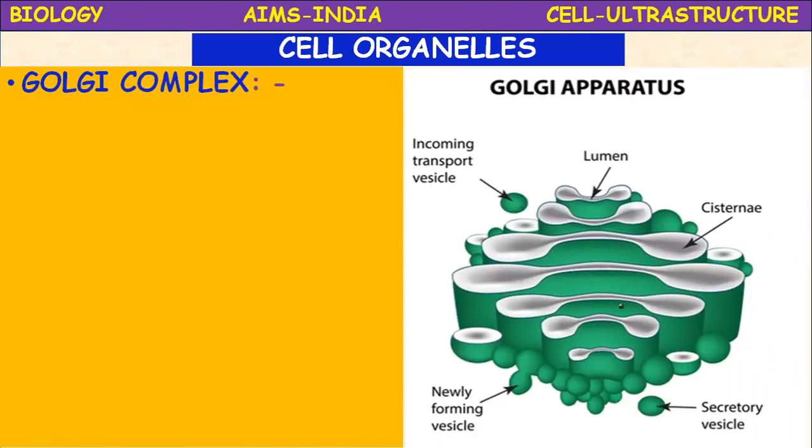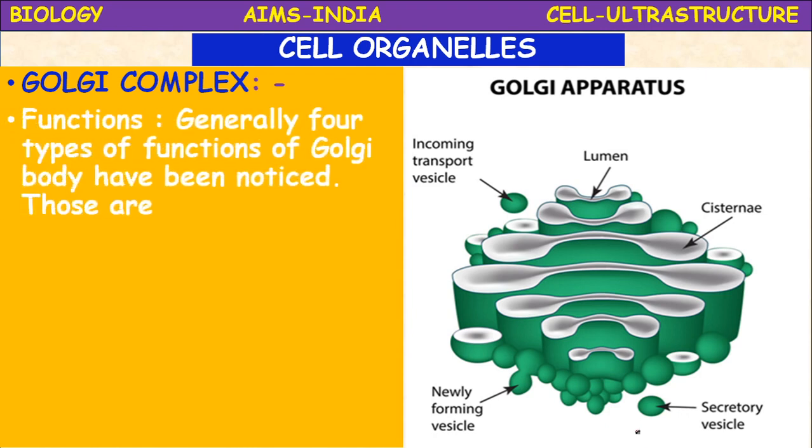So here is the Golgi complex. What are the functions of the Golgi complex? The Golgi complex contains the cisternae. The space in the cisternae is called the lumen, and it consists of secretory vesicles, and they help in transport.